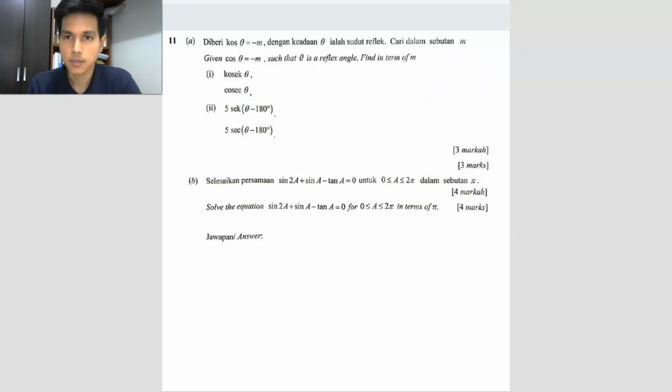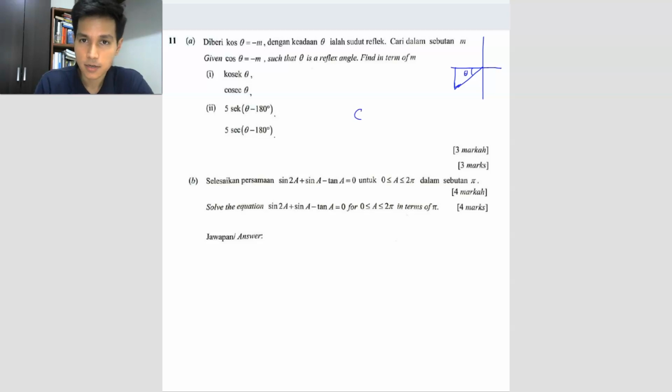Okay, let me draw bigger. So here, third quadrant. This is your triangle here. Here is theta. Now they are saying that cos equals negative m, right? Cos is adjacent over hypotenuse. So adjacent will be here and hypotenuse will be here, correct?